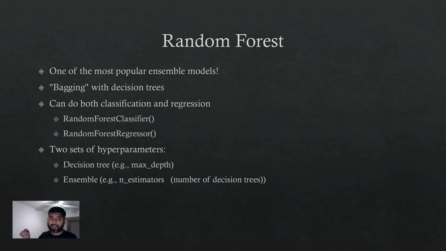In business terms, that's really like asking a panel of experts. They all look at the market from slightly different angles and you get a more balanced prediction than relying on just one expert. That's what random forest is, a forest of decision trees. Random forest is practically bagging with decision trees. We looked at what bagging is.